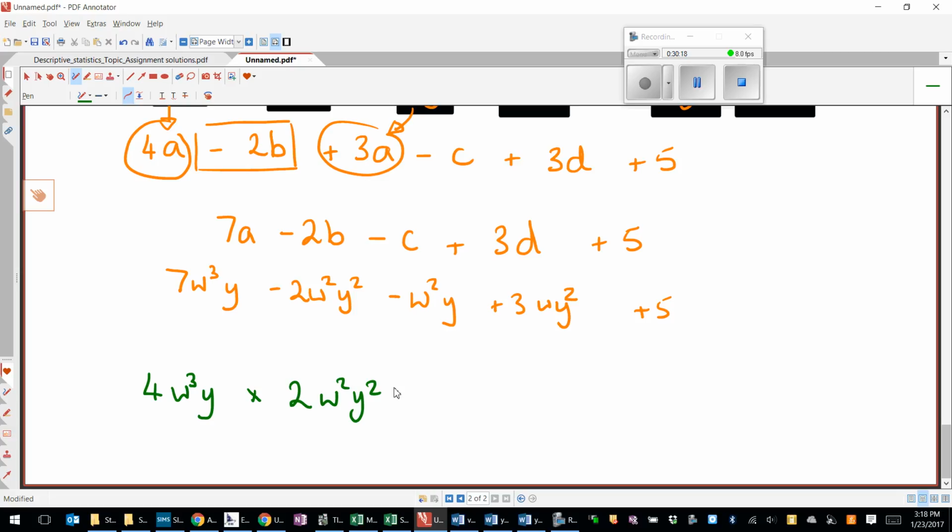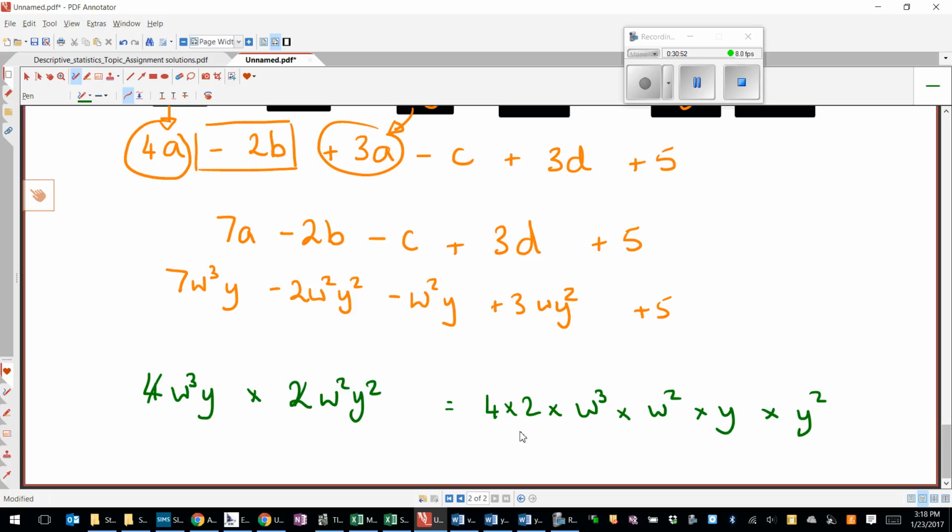What would you have here? Well, you could multiply the 4 with the 2. So we basically have 4 times 2, then times w cubed times w squared, and then times y and times y. So I've just rearranged it to put them together, still collecting like terms. So now what you can do is 8.